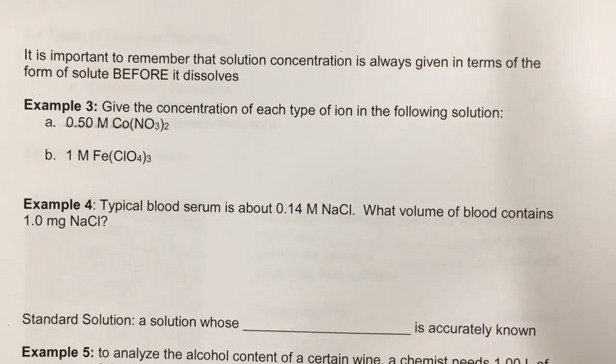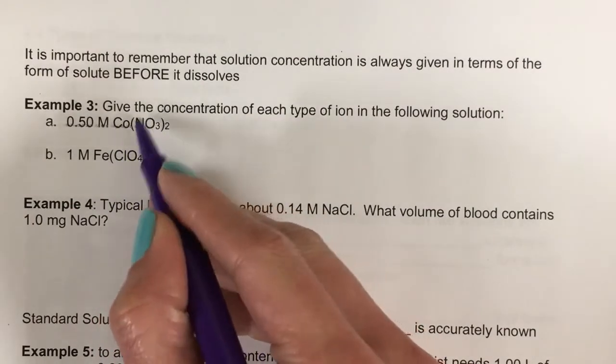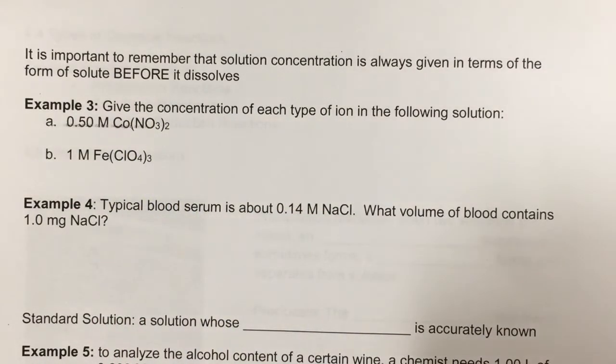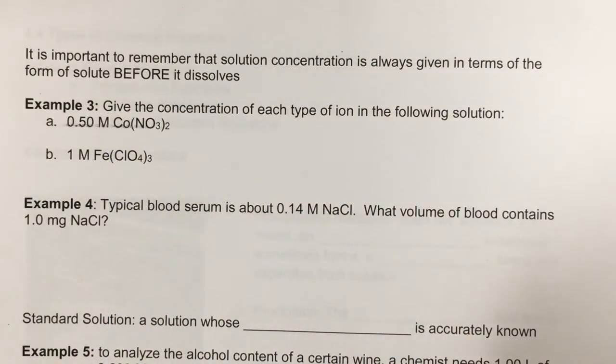Now, when we talk about concentration, it's important to remember that we're talking about our solute before it dissolved. Okay? So here's what I mean before it dissolved. I've got cobalt 2 nitrate dissolving in water. I dissolved enough cobalt 2 nitrate to get a 0.50 molar solution.